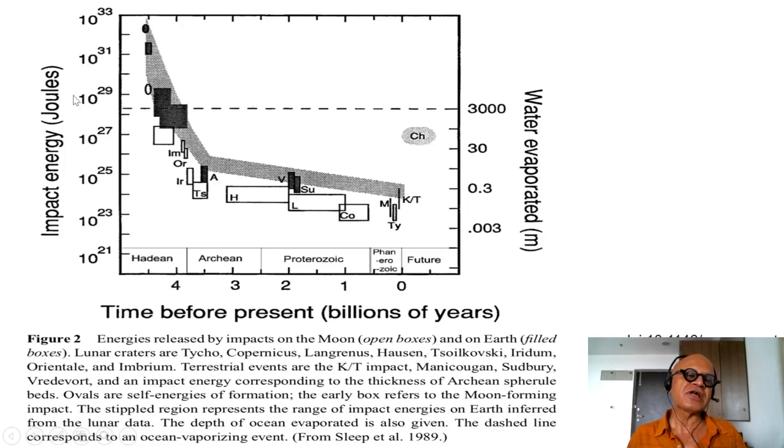We are looking here at the amount of energy that has been produced by impacts on Earth and Moon along the way. So the Moon are the open boxes here, which has had a lot of impacts, and Earth, which has had lots of early impacts and then some meteorite crashes happening all the way into the extinction of the dinosaurs, and maybe even into the end of the last glacial period about 18,000 years ago.